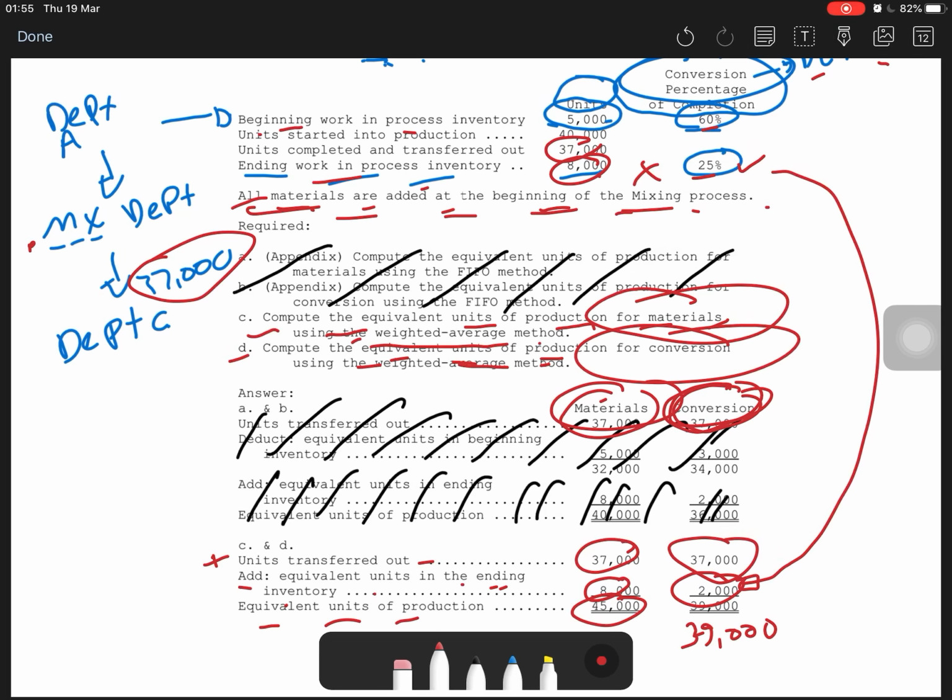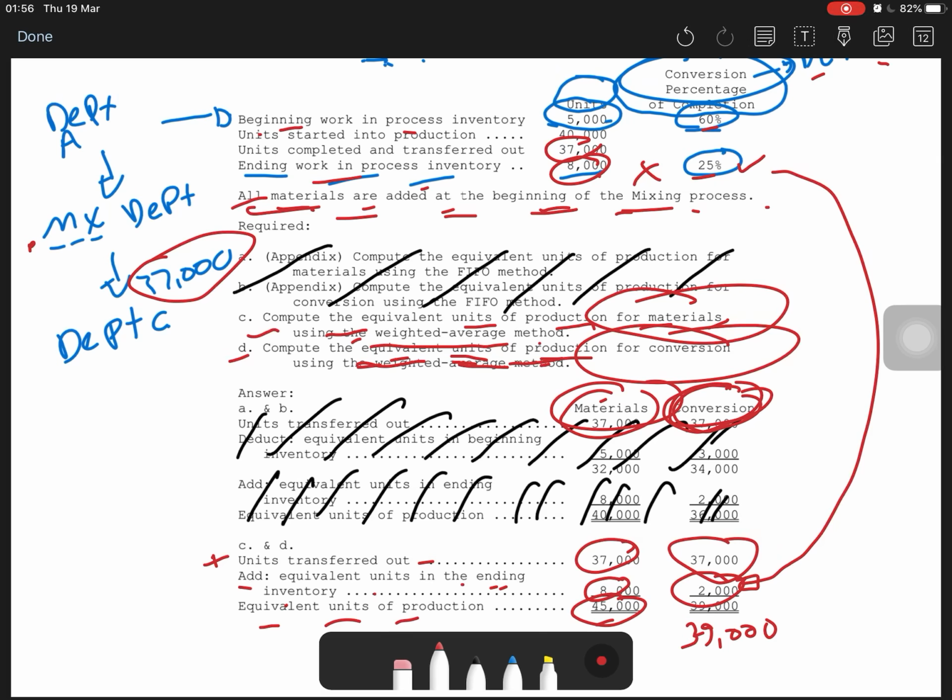So the equivalent units of production, the production level of the company: if we talk about the materials, all materials have been mixed together, so it's fully 45,000.